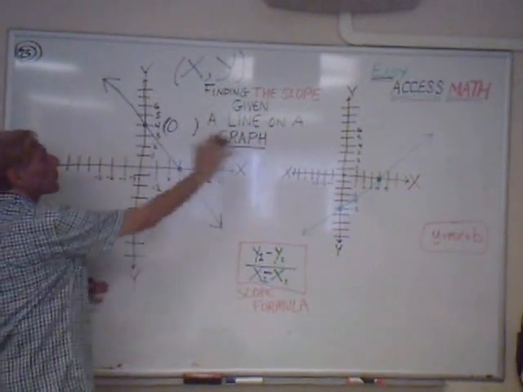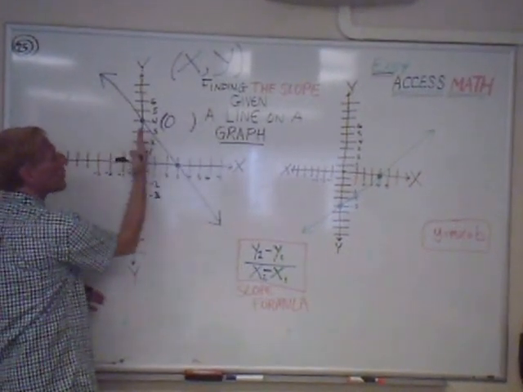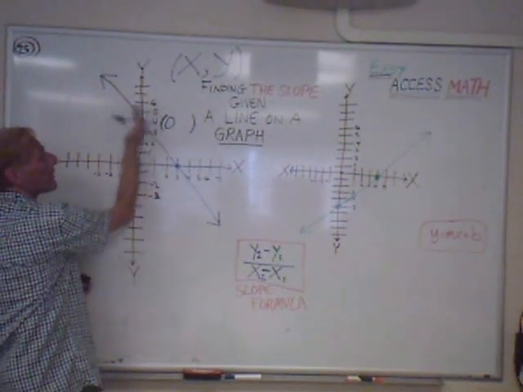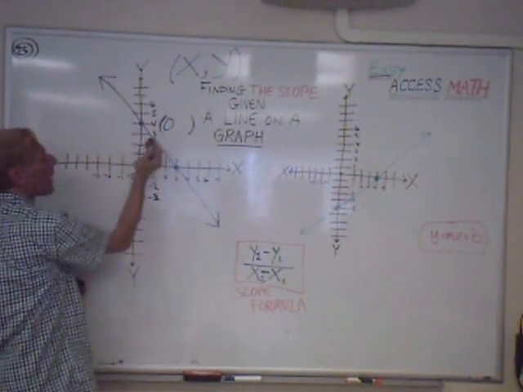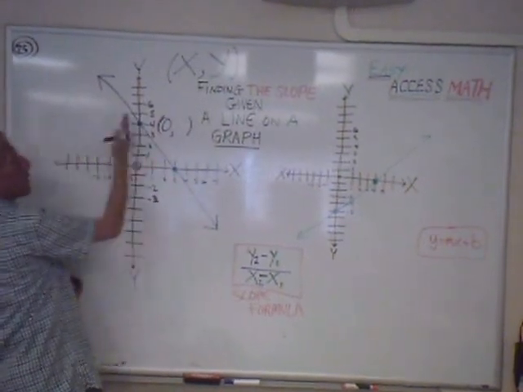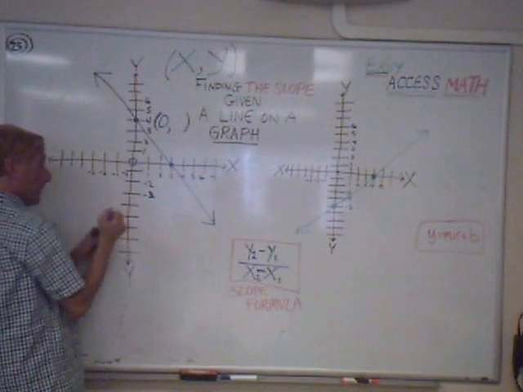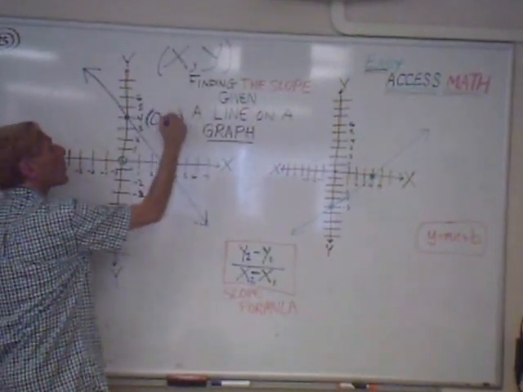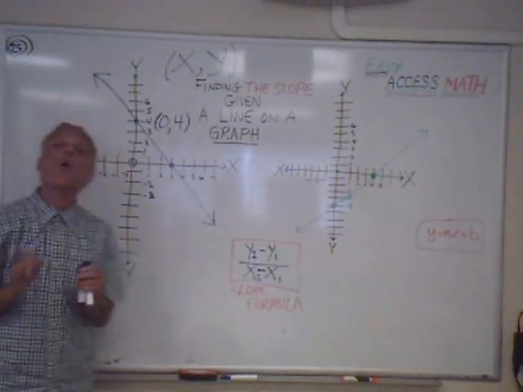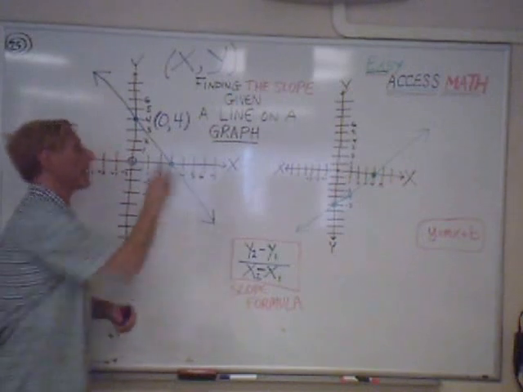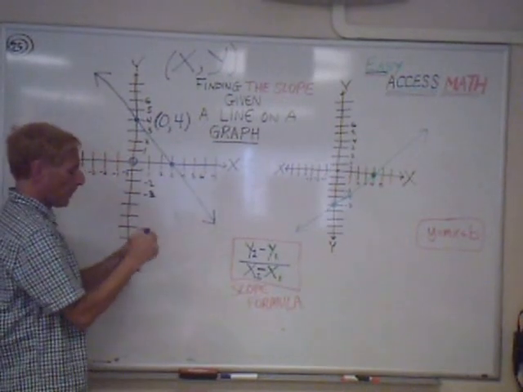This point is right on the y-axis, so it's 0 on x. It goes 4 up, so that's positive 4 as its y coordinate. So it's 0, 4.